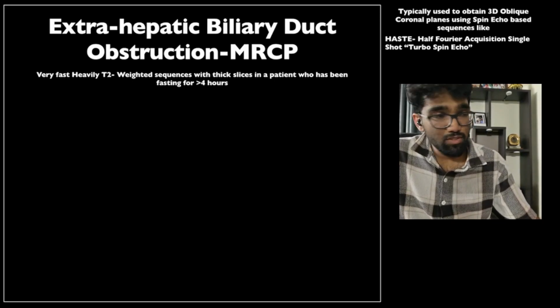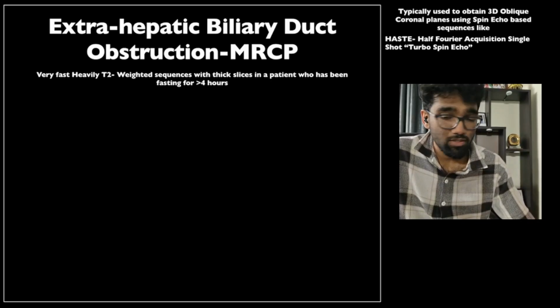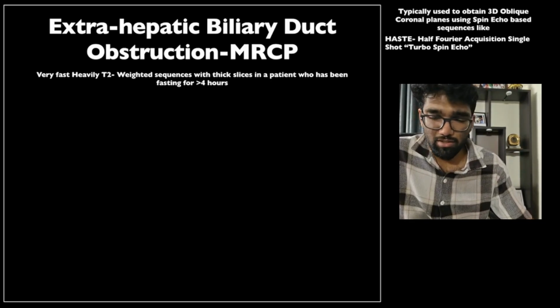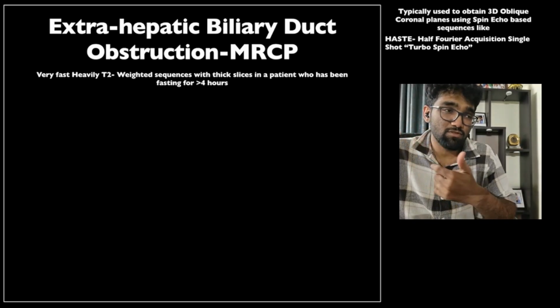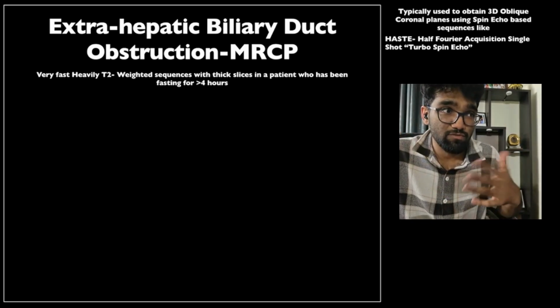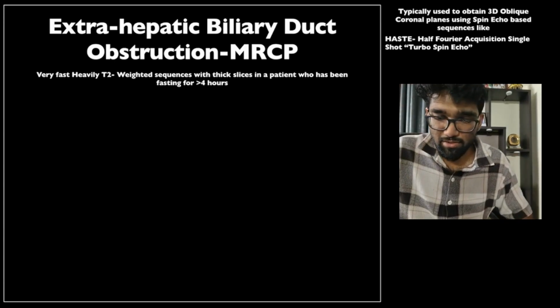So the first one that is used is HASTE. HASTE stands for half Fourier transform acquisition single shot turbo spin echo. Turbo spin echo is just another name for spin echo imaging, and half Fourier transform refers to the way in which the K space is filled in these cases. Again, I'm not going to go into the details of that.